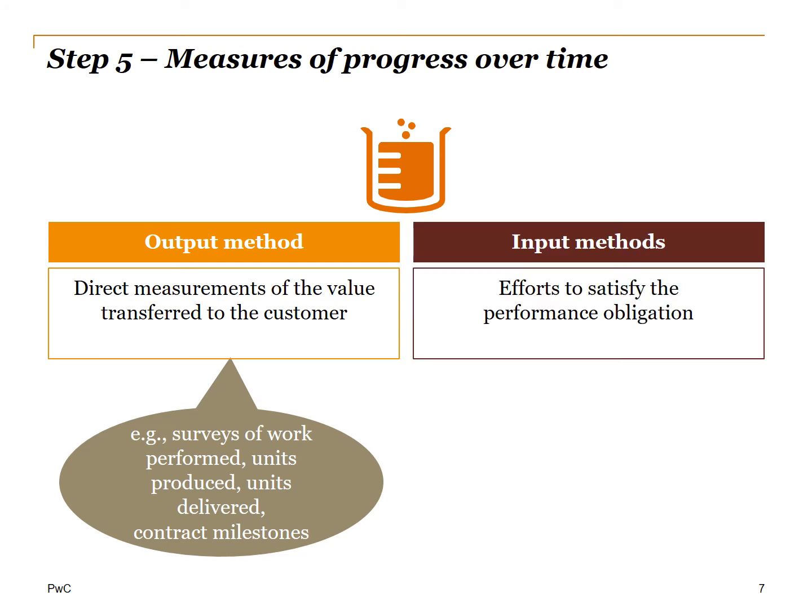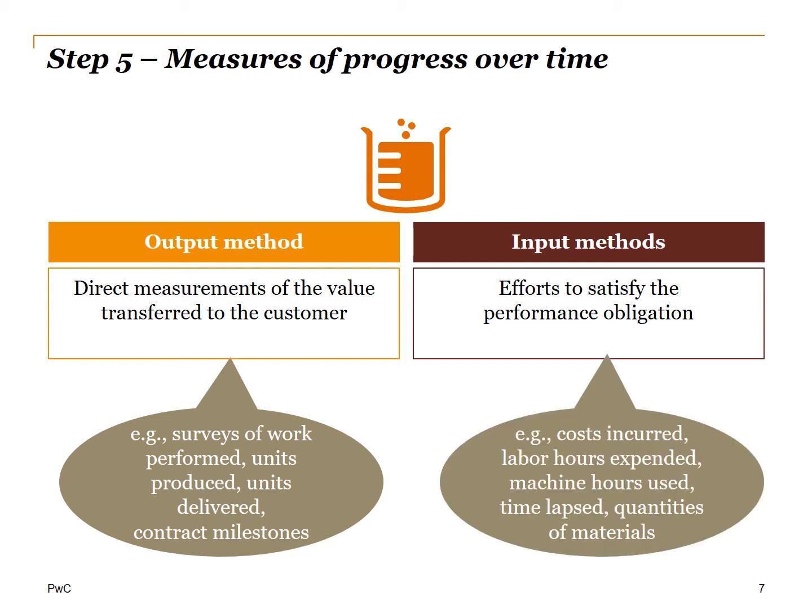Input methods measure progress based on resources consumed or efforts expended relative to the total resources expected to be consumed or total efforts expected to be expended. Examples of input methods include costs incurred, labour hours expended, machine hours used, time lapsed, and quantities of materials.